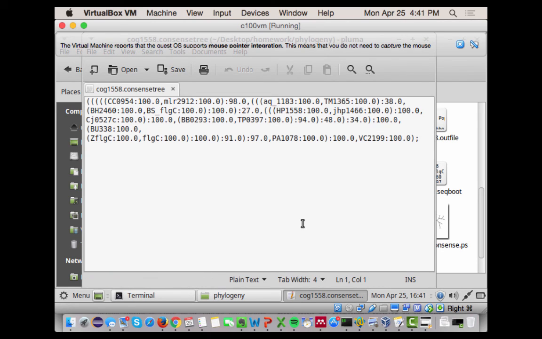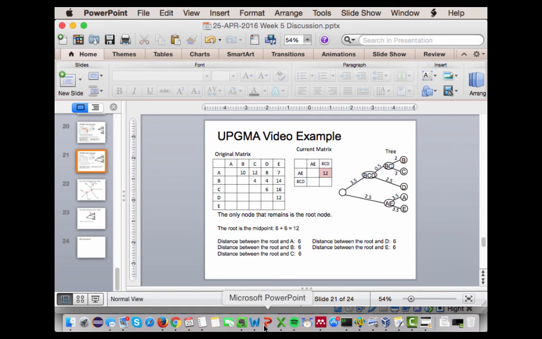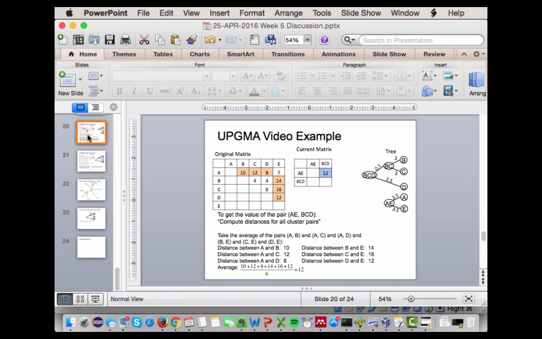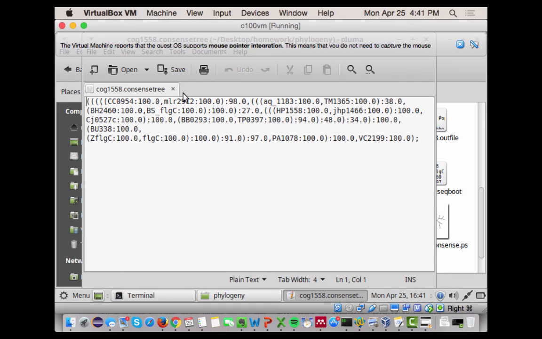So you know how I listed the pairs in parentheses, like the pair AB in parentheses on the slides? Okay. Yeah, so I was using this notation where the pair between AE and BCD is one pair of things. In this view, it also has these parentheses where there's one leaf node, another leaf node, and then the distance between them.